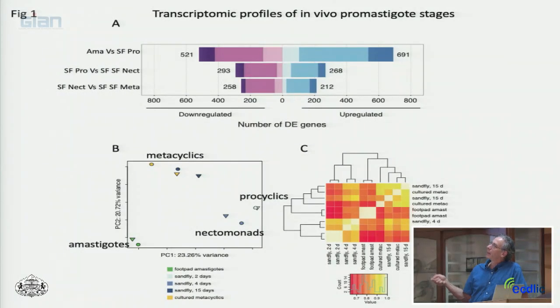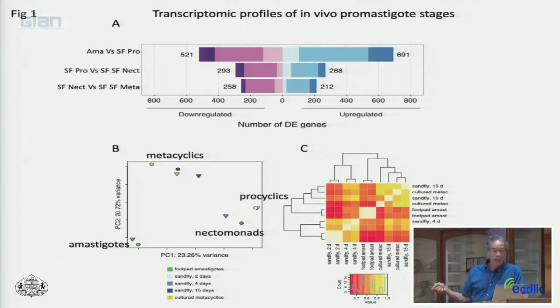This is just an analysis, because we are able to obtain in vivo promastigote forms, a transcriptomic analysis of the different forms: metacyclics, procyclics, nectomonads. This is just looking at these transcriptomic signatures, a principal component analysis. I just want to make the point that what this principal component 1 analysis tells us is that metacyclics' transcriptomes are actually closer to amastigotes than are nectomonads or dividing, propagating procyclic forms.